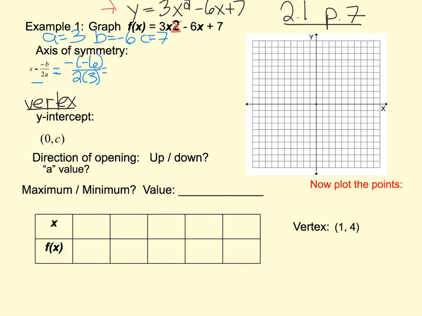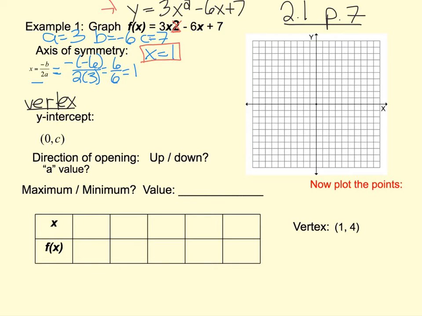So negative of -6 is +6. 2 times 3 is 6. 6 divided by 6 is 1. So my axis of symmetry is x equals 1. And remember, axis of symmetry always has to be written as an equation, x equals.